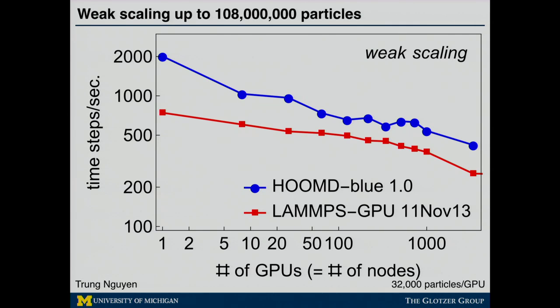This is a benchmark of HOOMD-blue weak scaling on a Titan machine, with a benchmark that has 32,000 particles on a single node and scales out the number of nodes to 3,750 nodes. We see that the performance overall drops by a factor of 4 when going from 1 to almost 4,000 nodes.